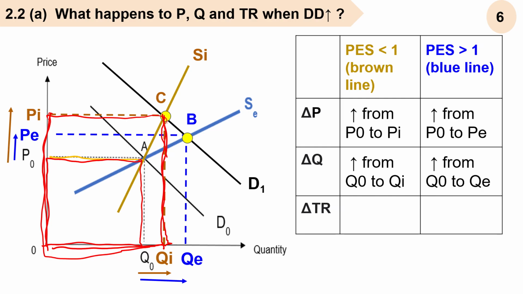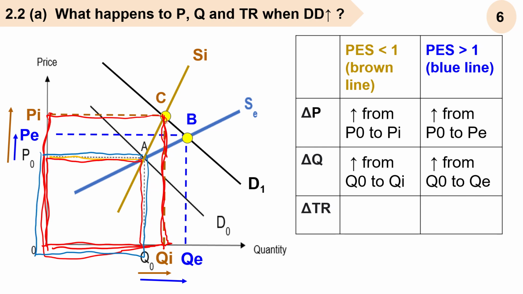P0 multiplied by Q0 is a square, so it's P0, A, Q0, and 0, this box here.